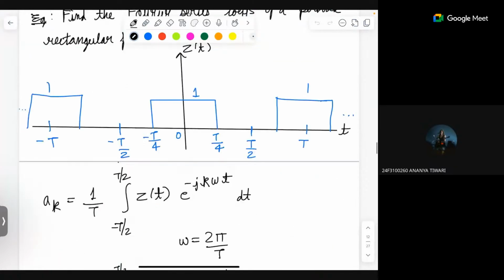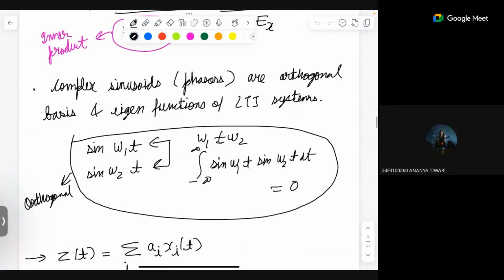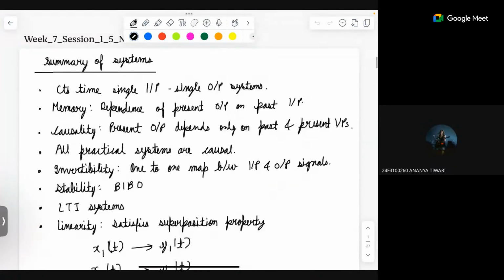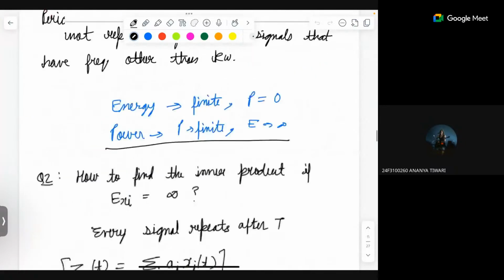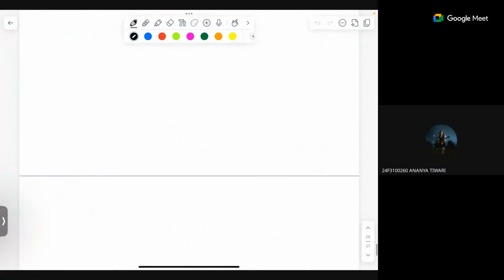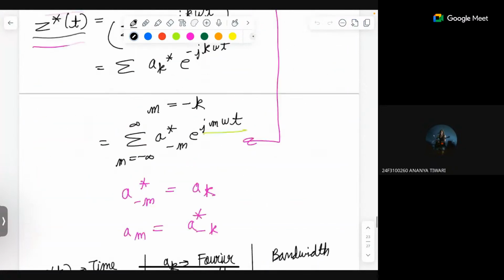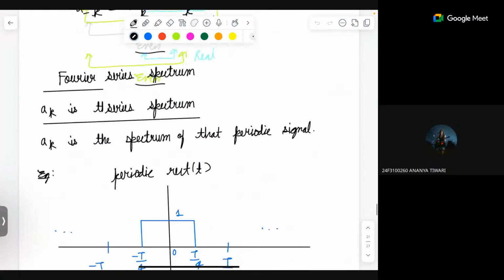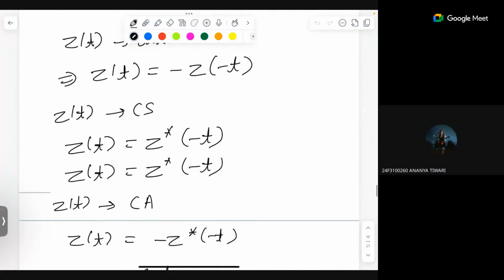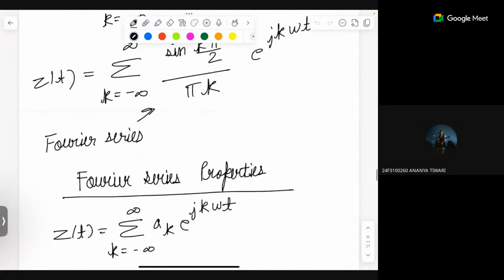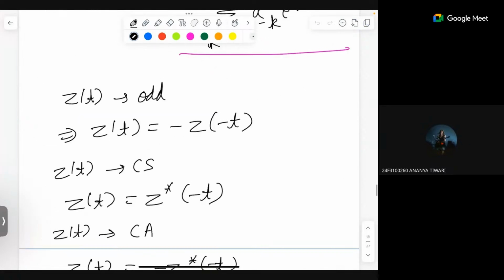Which session is this? Session 1 only. Where did it go? It's not here.